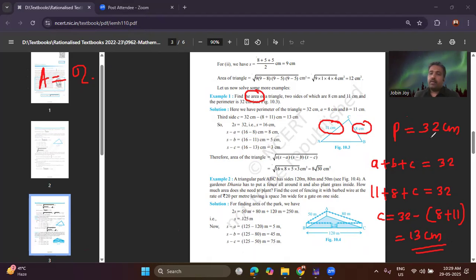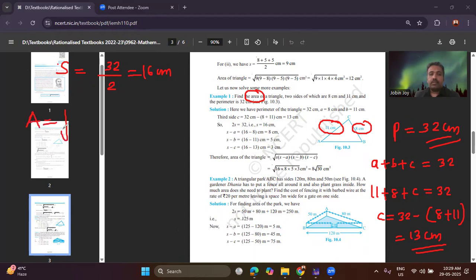Okay, and the perimeter we know. Using this perimeter, we can calculate the semi-perimeter first. So semi-perimeter S is equal to 32 divided by 2, that is equal to 16 centimeter.